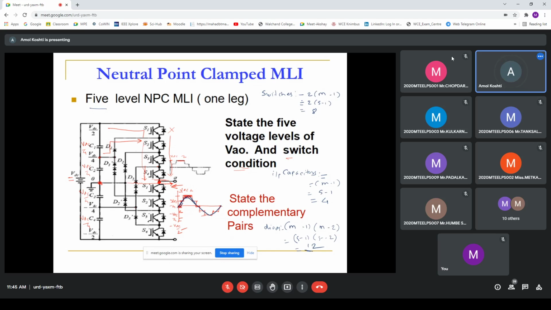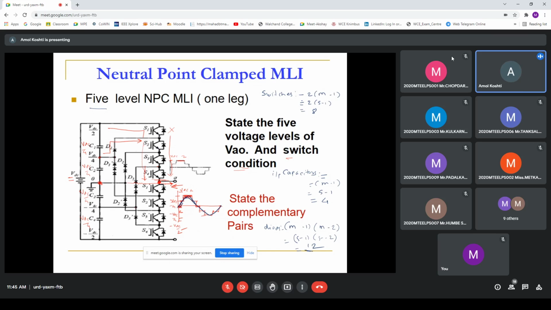It means, as far as this real power flow is concerned, if you see, out of these 4 switches or these 8 switches, there is an asymmetry, or an unequal rating distribution of the switches.